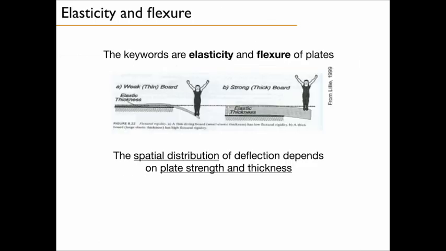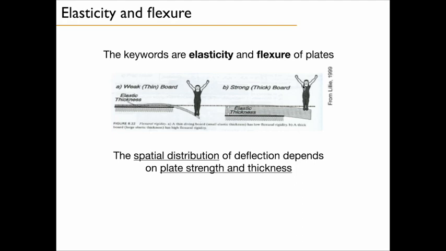So to study all these processes, the keywords are in fact flexure and elasticity. And just to illustrate the process from a more intuitive side, here is the guy jumping on the board. If the board is weak or thin, then the board will deflect a lot.